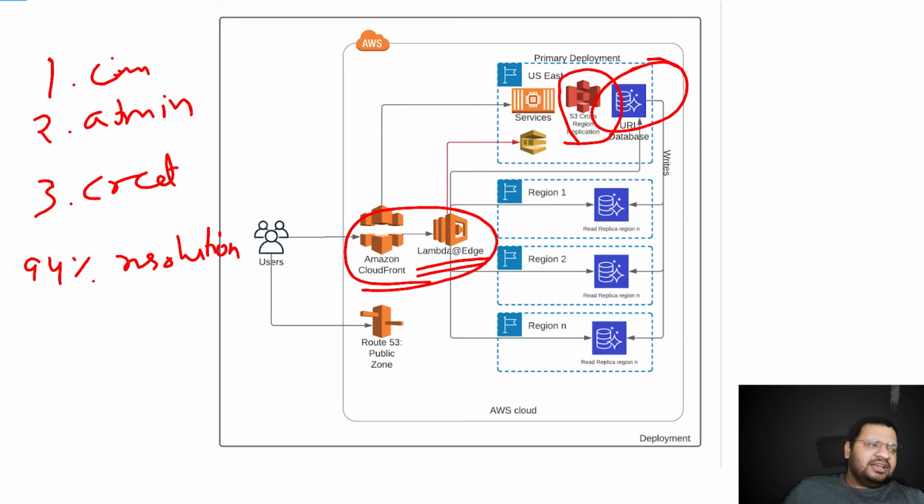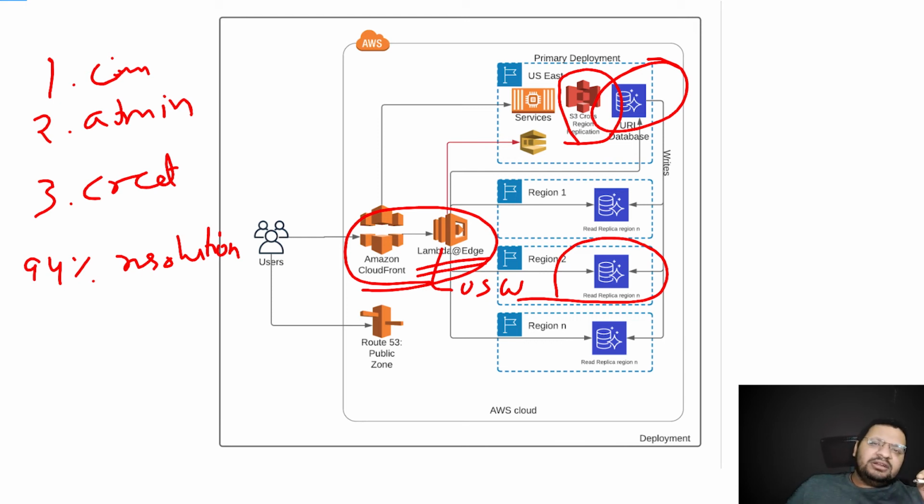Now, these are basically reads only, high volume reads. So if this is US West and you are from US West, the traffic would go here and be resolved from there. My Lambda will pick up the value for the particular shortcode and return it.